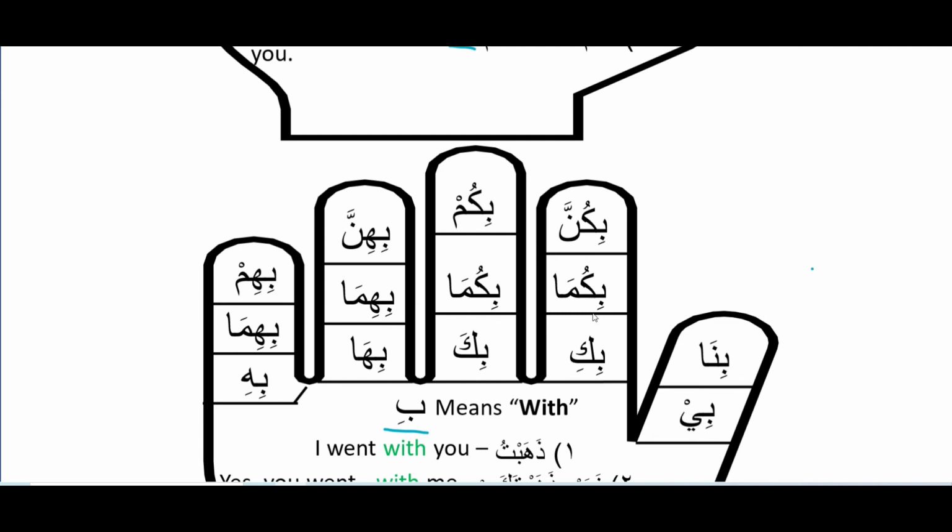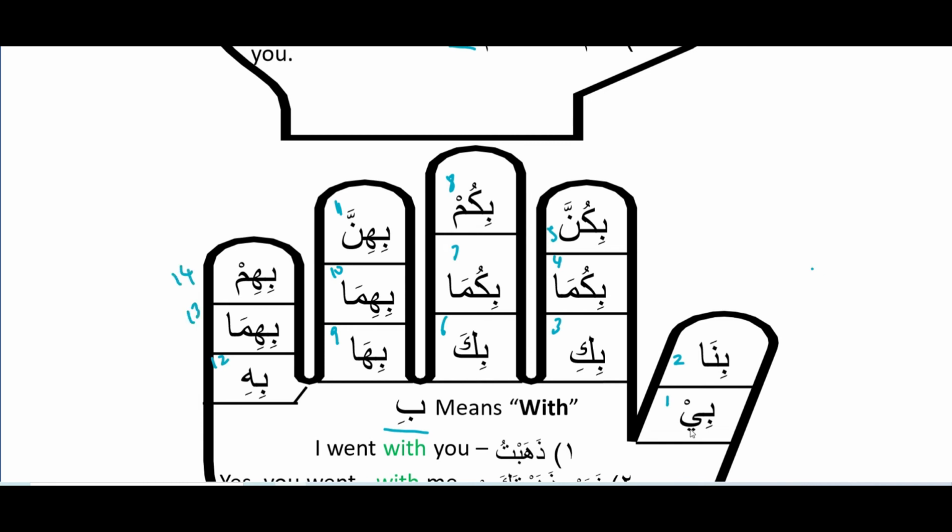So biki, bikuma, bikunna, bika, bikuma, bikum, biha, bihima, bihinna, bihi, bihima, bihim. One thing to take note: we know this is number 1, 2, 3, 4, 5, 6, 7, 8, 9, 10, 11, 12, 13 and 14.